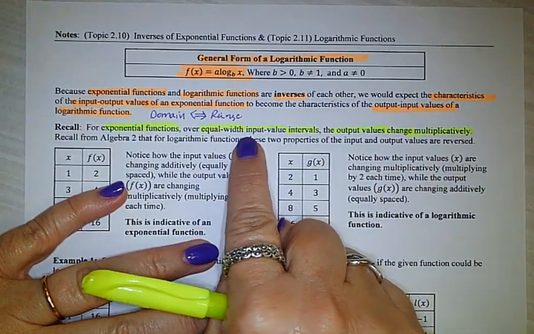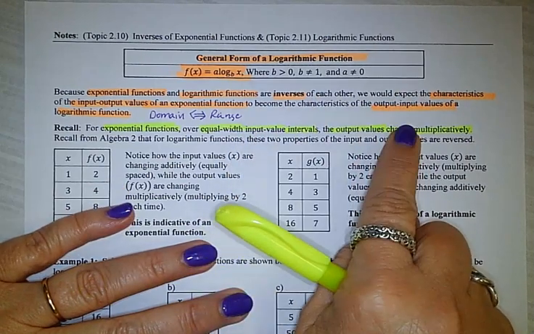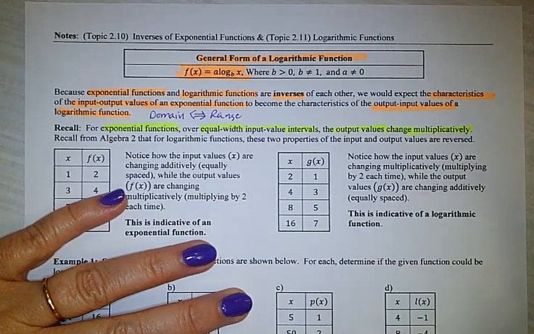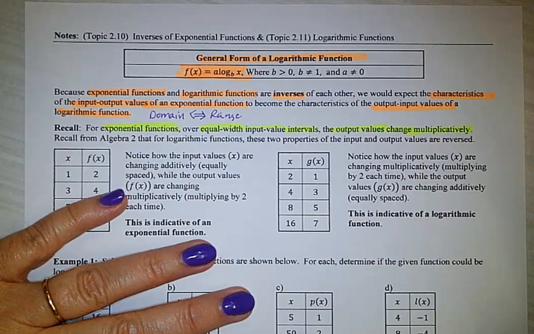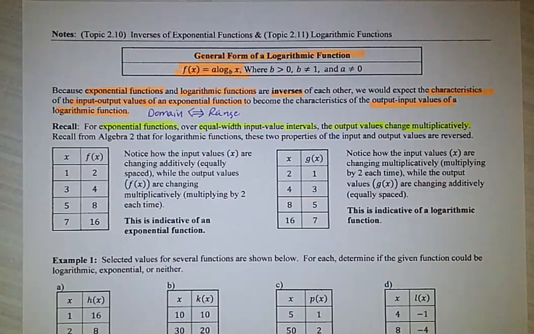The input values change by an equal distance, so you're adding, and then the output values change multiplicatively. And if you recall from Algebra 2, for logarithmic functions we just reverse the input and output values as we were looking at that graph. We also talked about that when we looked at inverse points in that lesson.